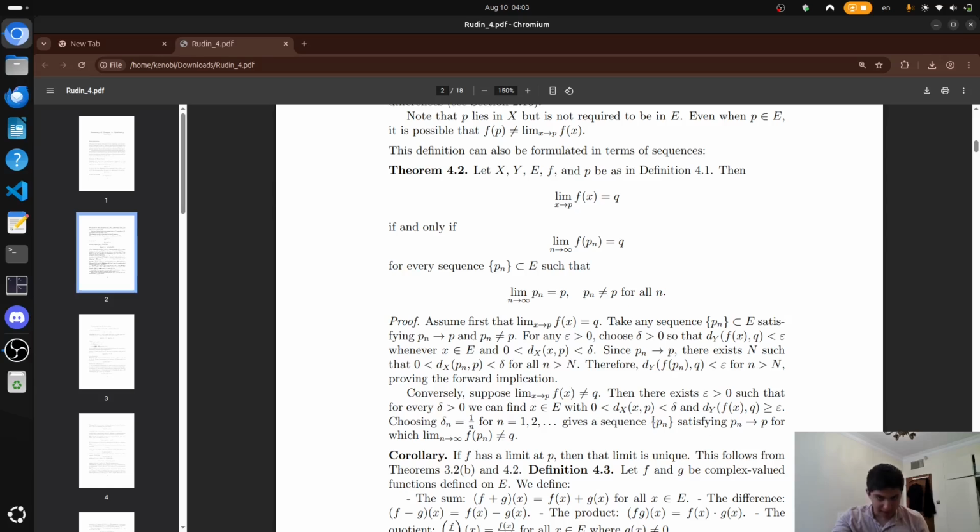And suppose that instead of x over here, we take p of n, right? And here we take f of p of n.